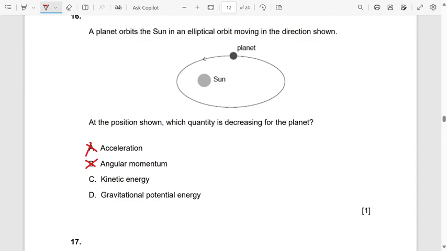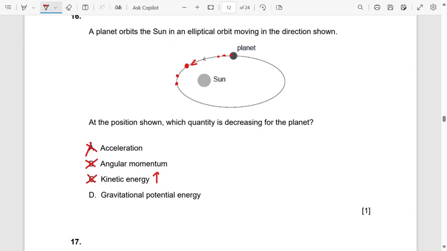Well, as it comes round, if the acceleration here and here and here is bigger than the acceleration here, here and here, then it's accelerating, so it's going to gain speed. So the kinetic energy is actually going to increase. So that is incorrect. But why is D correct?